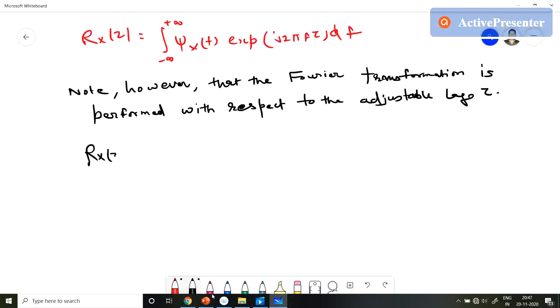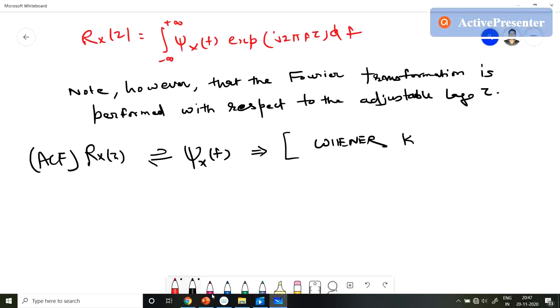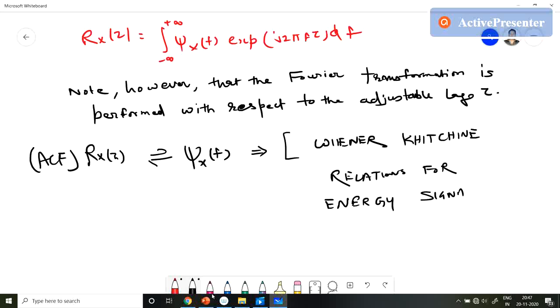So if we find the Fourier transform of the autocorrelation function Rx(tau), that is equal to psi x(f), and this is called the Wiener-Khinchin relations for energy signals.